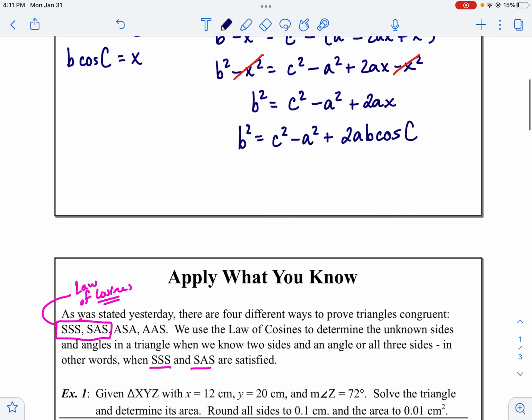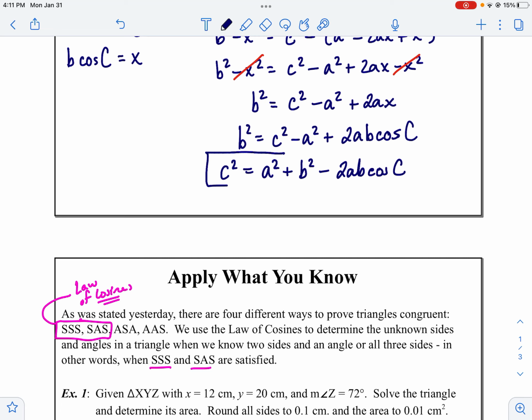So the way we end up writing it typically is that if we add the a squared and subtract the other stuff to the other side, then we end up with c squared equals a squared plus b squared minus 2ab cosine of c. And that's usually how you're going to see it written. And so that is our law of cosines.